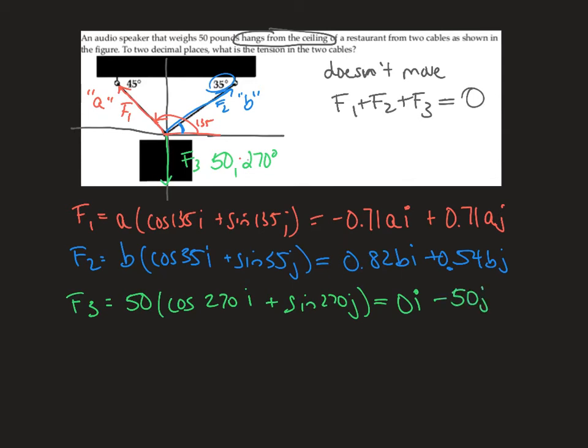Okay, so now here's what happens. For F1 plus F2 plus F3 to equal 0, it means all of their I parts when added together equal 0, and all of their J parts when added together equal 0.